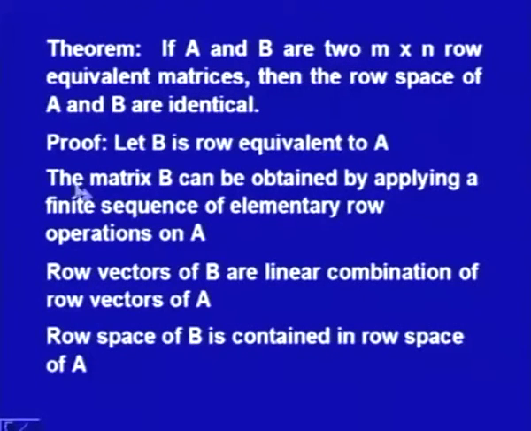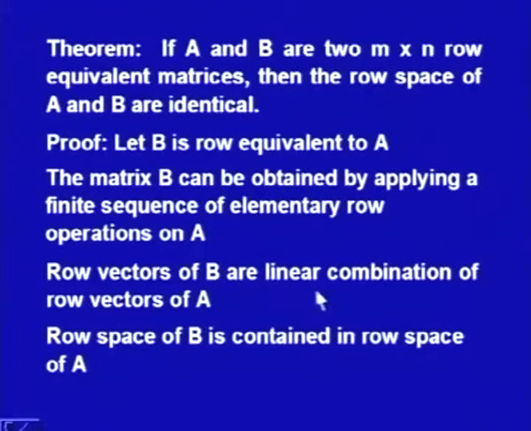Now, if they are linear combinations, that means if a submatrix of B has determinant 0, then the same will happen to the other matrix also, and that is why their ranks will be the same, and that means their row spaces will be identical.